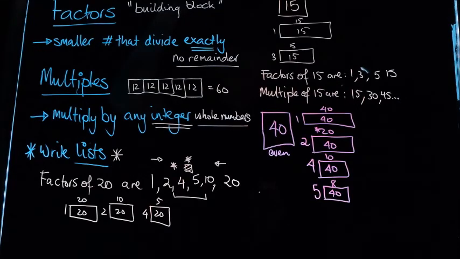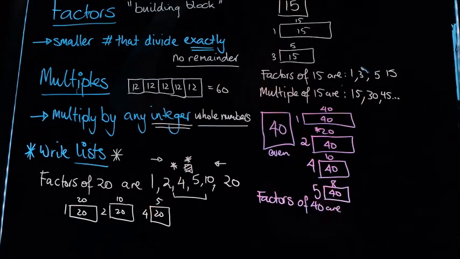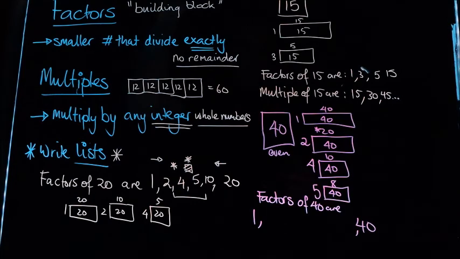Now I know that, let's write my answer as a statement. Factors of 40 are, and I might run out of board here, so I'll be careful and write this down here and see how I call them the bookends. I know from here I've got my bookends, and you'll always have your bookends.